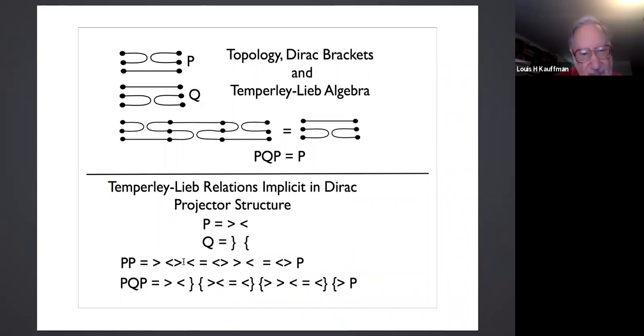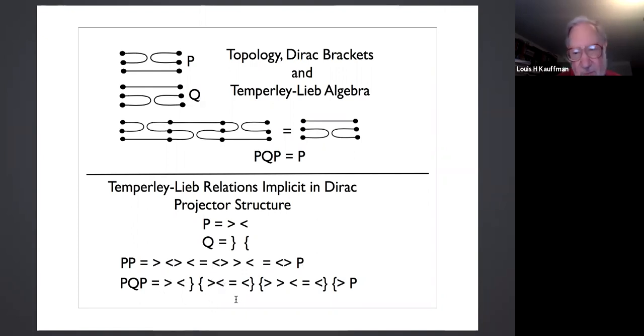So if I take P times P, I get loop times P, just like we did before. But if I take PQP, then I get another scalar, a funny scalar, and I get the bracket on the outside.